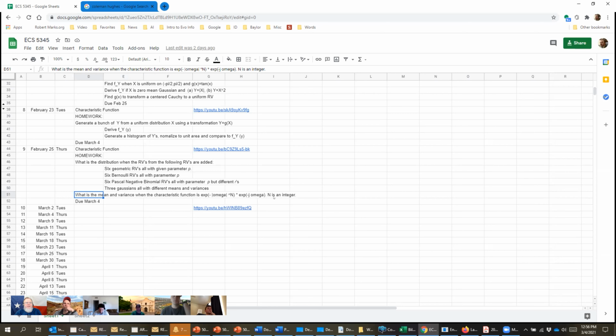What can I say about that? I'll say something interesting. If n in this expression is equal to 1, then we have a Cauchy random variable, right? If n is equal to 2, we have a Gaussian random variable.